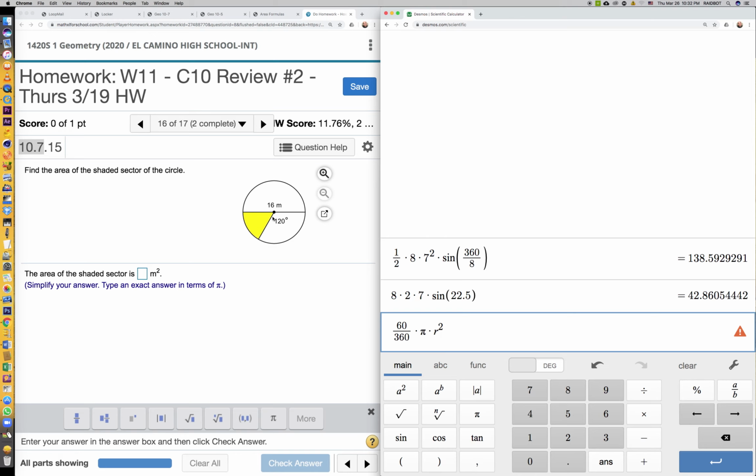And the r happens to be, they give you the diameter 16, but you want only the radius, which is only 8. But the answer over here is a decimal number. Going back to the question, they want the answer in terms of pi.